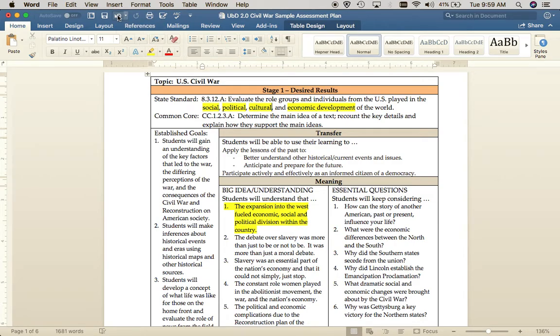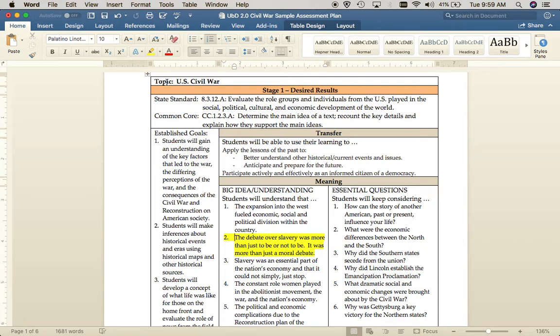So if we move on to number 2, the debate over slavery was more than just to be or not to be. To quote Shakespeare, it was more than just a moral debate. So again, we're identifying groups here. We're talking about enslaved Africans, plantation owners, abolitionists, etc. And so how that debate was more than just whether or not we should have it.